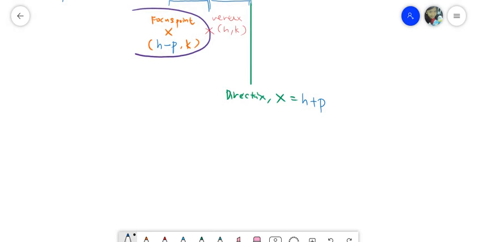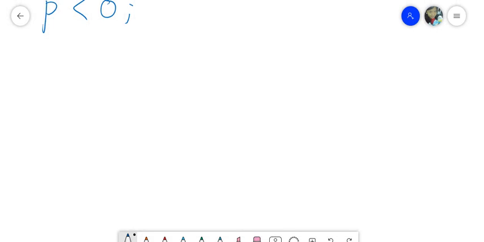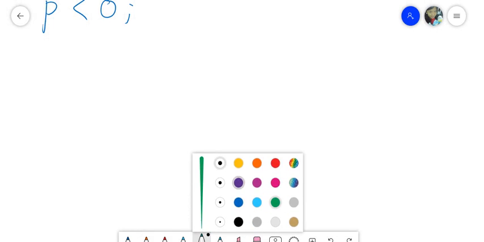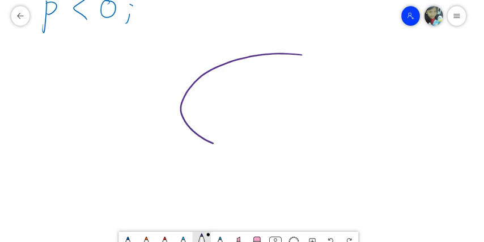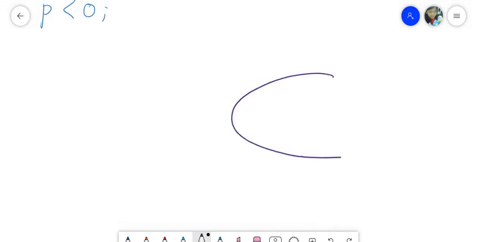How about if your p is more than 0? If your p is more than 0, the only thing that is involved is the position. It will be going to the right. The vertex will be the turning point, vertex (h, k).